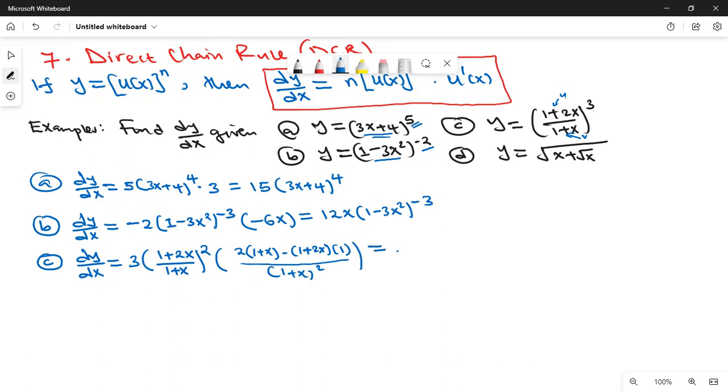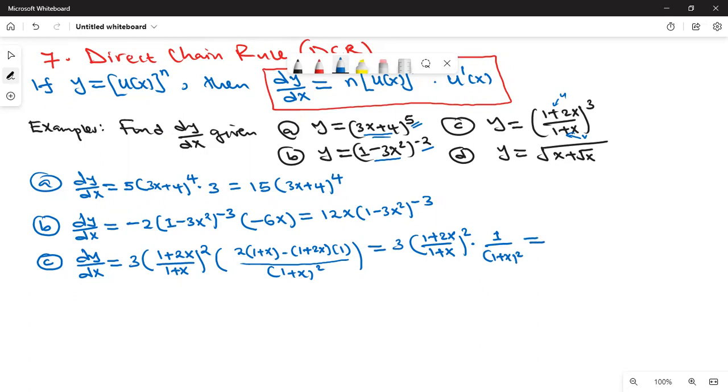If you simplify, you are going to get 3 into 1 plus 2x over 1 plus x, this is squared, times the numerator is now 1, over denominator 1 plus x squared.